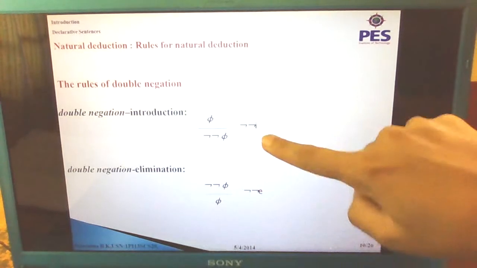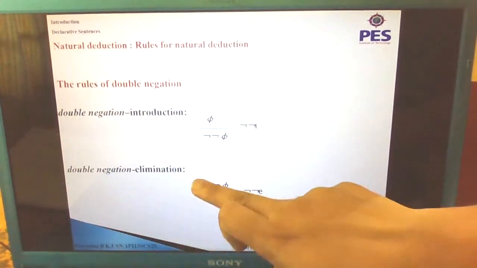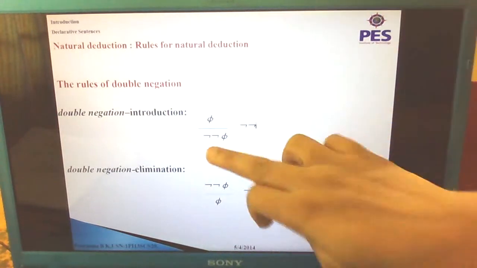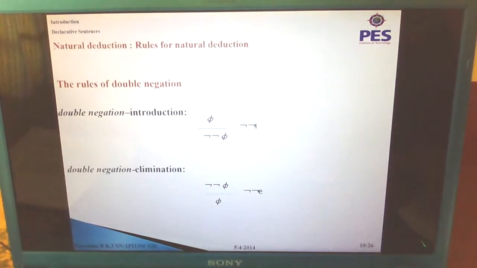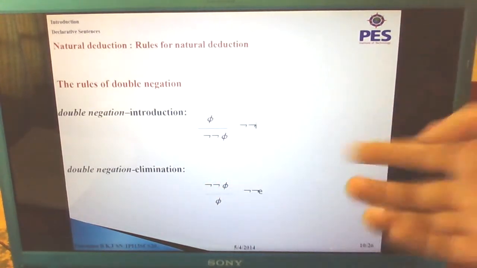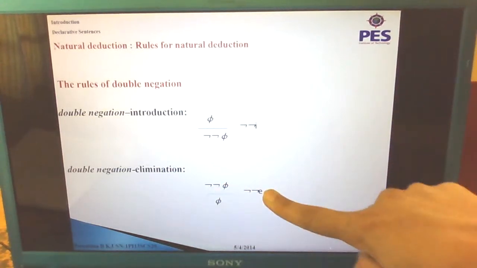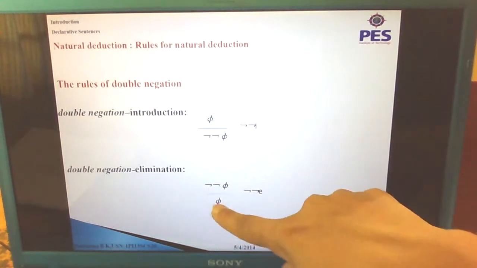Similarly, we can eliminate the double negation: suppose we have an expression like the double negation of phi as a premise. We eliminate the double negation from this given premise and conclude that phi is true.